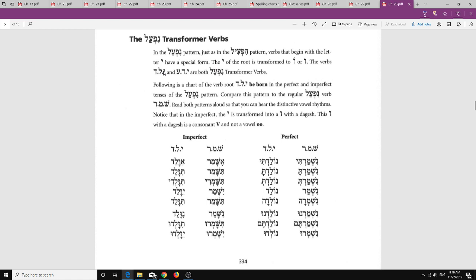Just like the hiphil, the niphal has transformer verbs. Okay, so the yod in verbs that have a yod as the first root letter. So they're called first yod verbs. That yod transforms into a holem vav or just a vav, and that's in the hiphil.